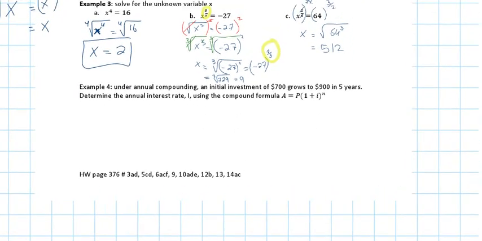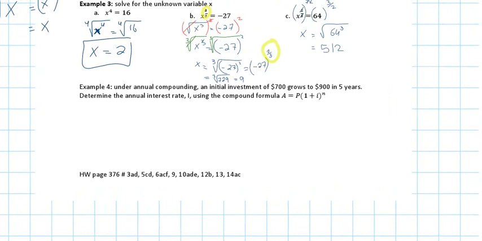Okay, so let's look at the word problem examples. We're going to see a few of these. Under annual compounding, an initial investment of $700 grows to $900 in 5 years. Determine the annual interest rate I using the compound formula A equals P(1 plus I) to the power of n. So they gave you the formula that they want you to use.